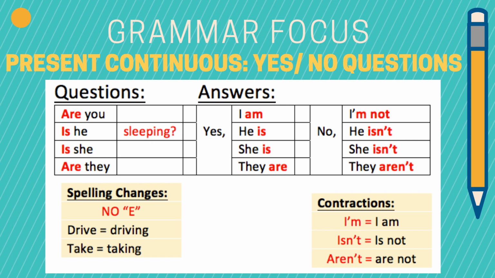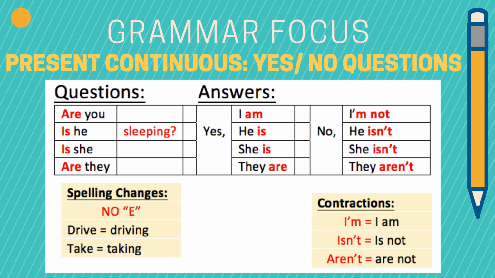Present continuous always ends with the three letters ing. But sometimes we have to change the spelling of the base word, especially if the base verb ends in an E. For example, the word drive has an E. It becomes driving with no E. I like to say drop the E and add ing.